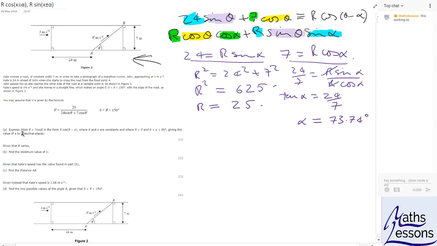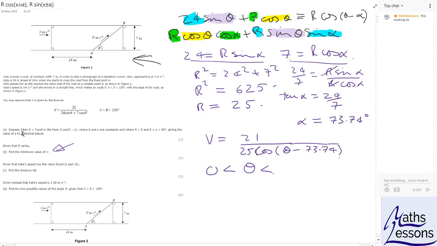Now, the next part of the question, here we go, we've got to find the minimum value of v. Now, if we know that v is equal to 21 over 25 cos theta minus 73.74, we can work out the minimum value of this, because we know that theta is between 0 and 150.